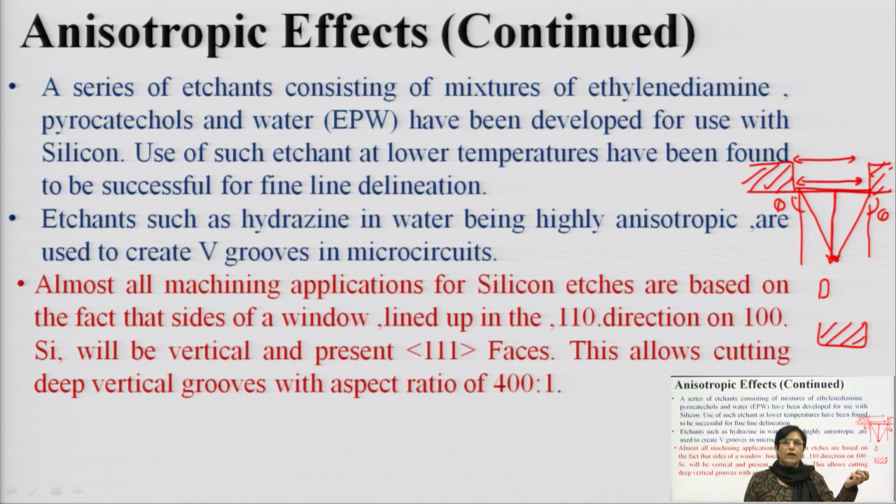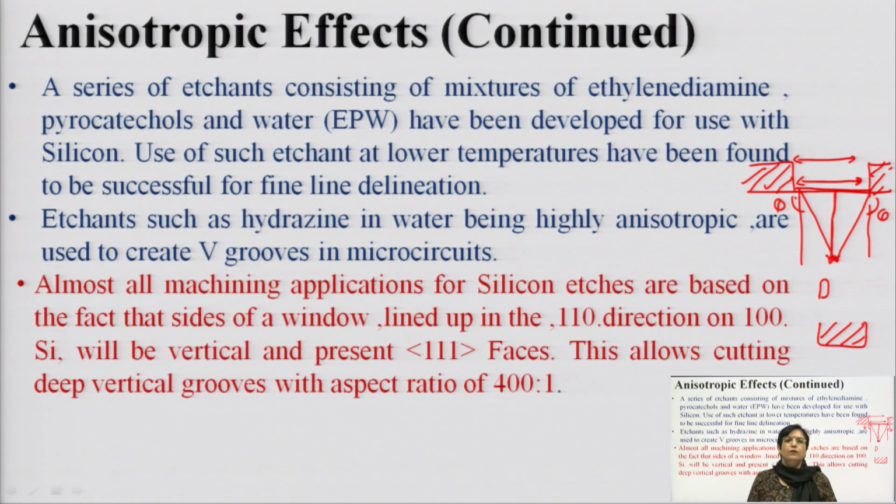For silicon etching, they are based on the fact that the windows are exactly opened and lined up in the desired direction, either 110 or 111, like the 110 direction on 100, because the etching is crystal orientation dependent.